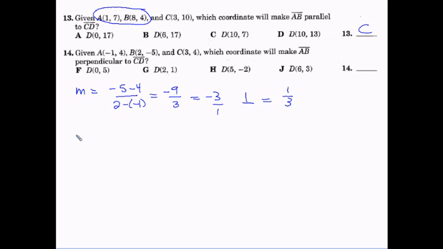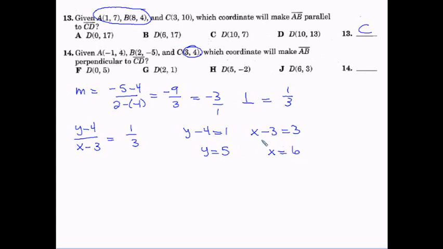So I have y minus 4 over x minus 3, from this 4 and 3, is equal to 1/3. So y minus 4 equals 1, x minus 3 equals 3, y equals 5, x equals 6.